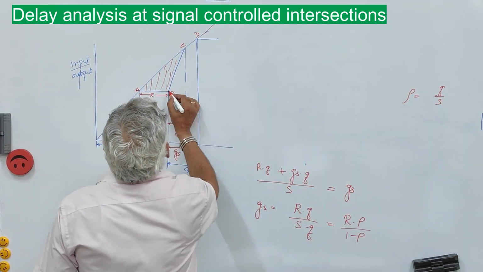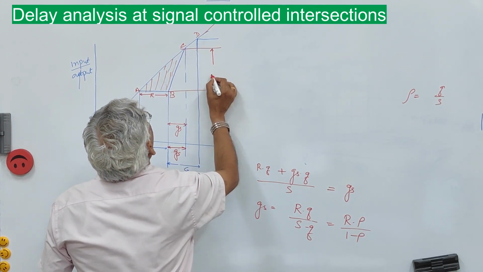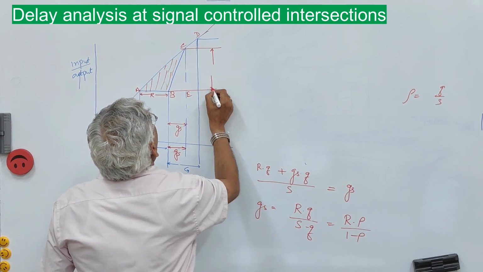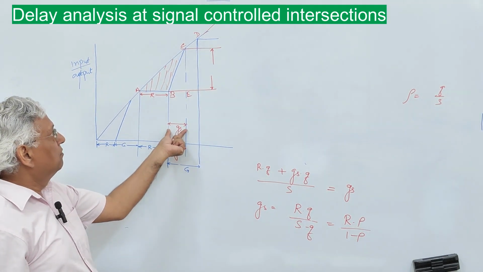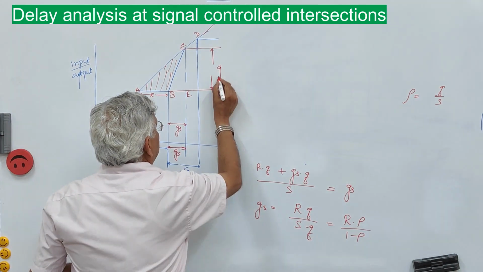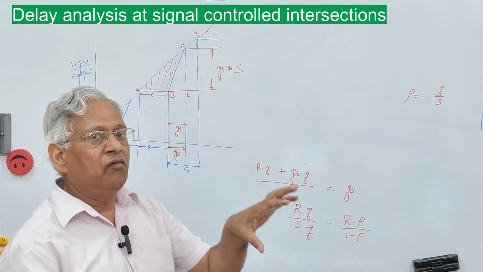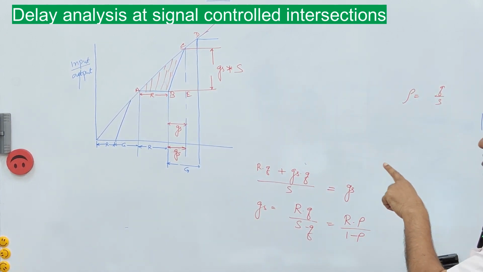And how much is this ordinate now? Let us say this point is E, CE. How much will it be? It will be GS multiplied by rate of departure. So this is GS multiplied by S. That is the number of vehicles which are departing in time GS.